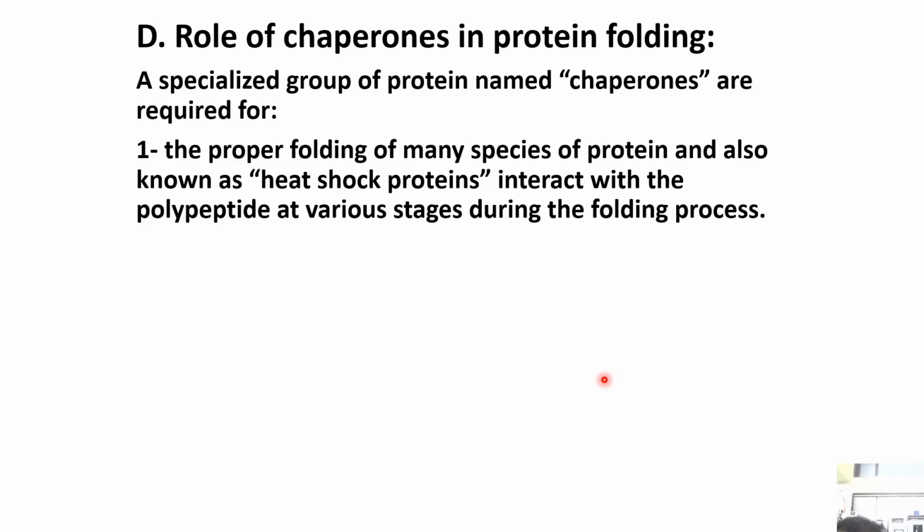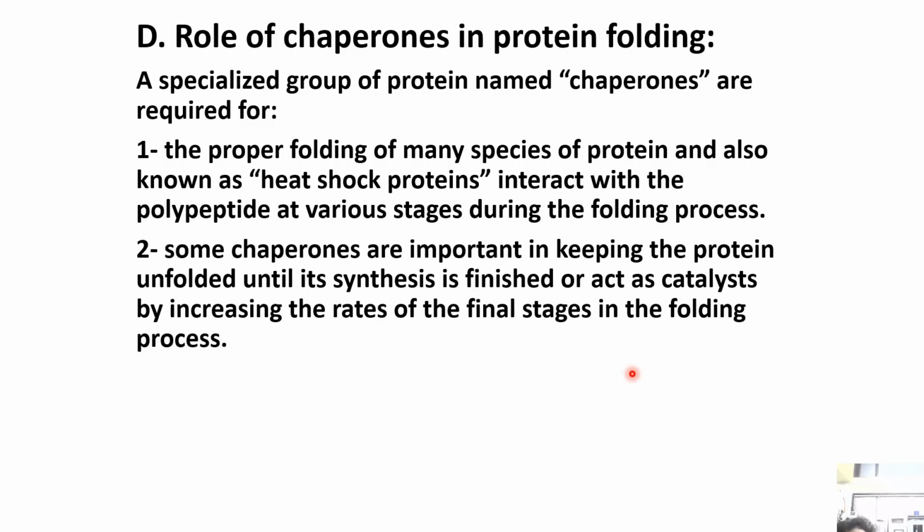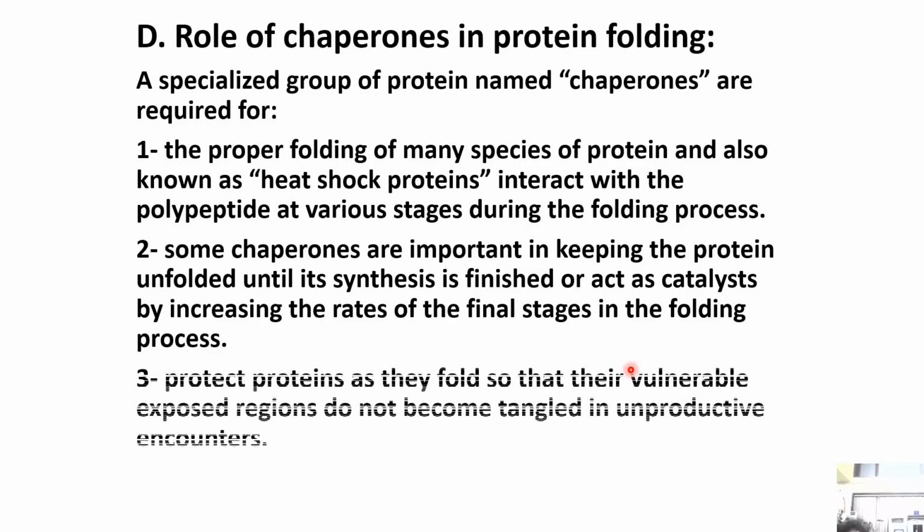They are also known as the heat shock proteins and interact with the polypeptide at various stages during the folding process. Some chaperones are important in keeping the protein unfolded until its synthesis is finished, or act as catalysts by increasing the rates of the final stages in the folding process. They protect proteins as they fold so that their vulnerable exposed regions do not become tangled in unproductive encounters.